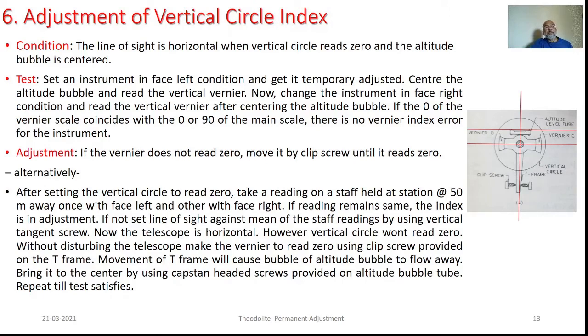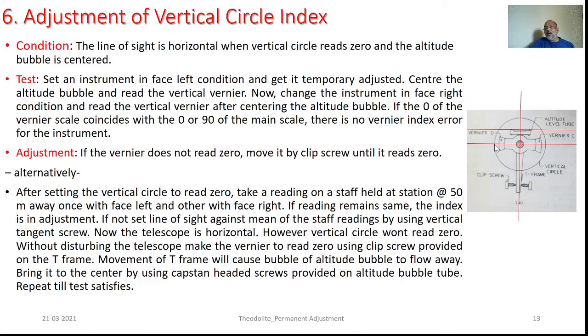The sixth and last adjustment is of the vertical circle index. According to the requirement, the line of sight is horizontal when the vertical circle reads 0 and the altitude bubble is centered.